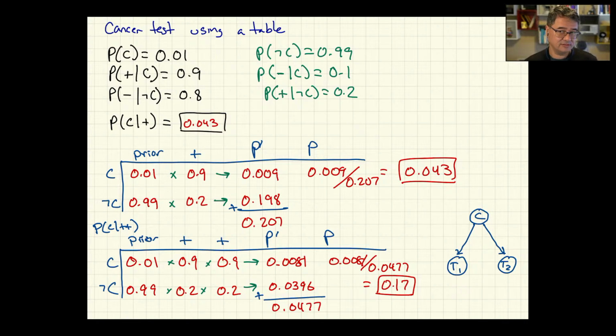Went up by 200%? Almost 400%. Yeah. So, test came back positive, you now are like 4 times more likely to have cancer. It's still not like half and half, but it's still a lot more likely.